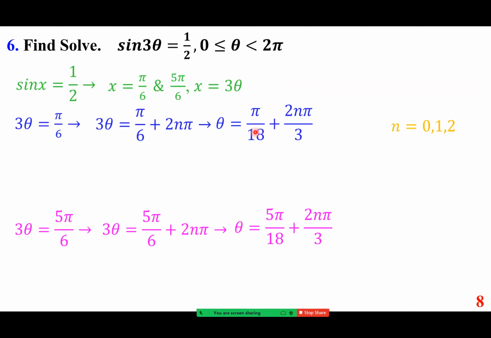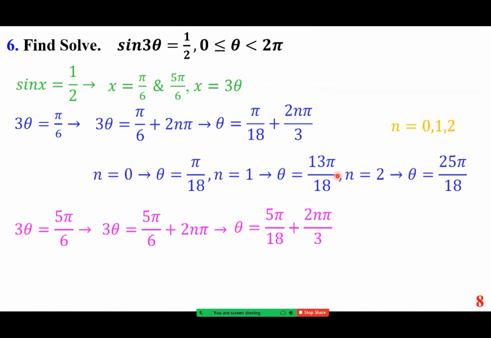So let's plug in 0 here, for example. We simply get pi over 18. If we plug in 1, 2 pi over 3, because this is 18, let's multiply this one by 6. And we get 18. 2 pi times 6 is 12 pi. With the pi becomes 13 pi. We do the same thing with n equals 2, and we get those answers.